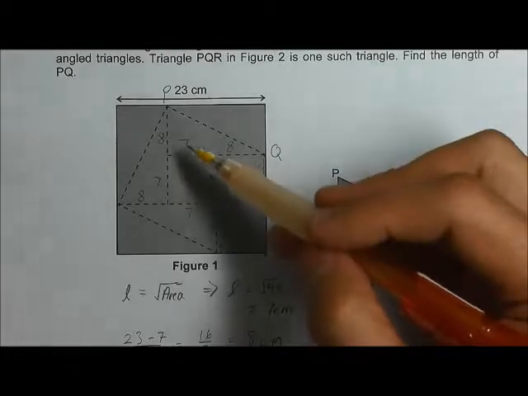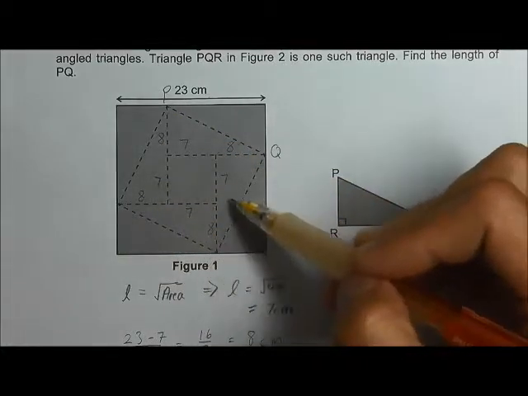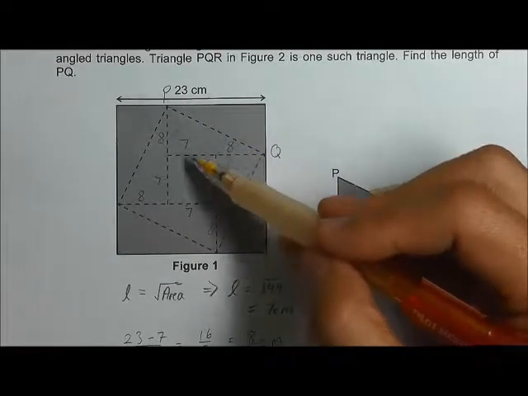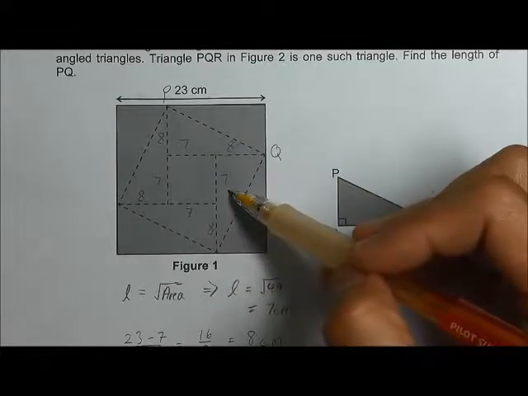Okay, so this big dotted square area is actually the sum of the small square plus the area of the 4 right angle triangles.